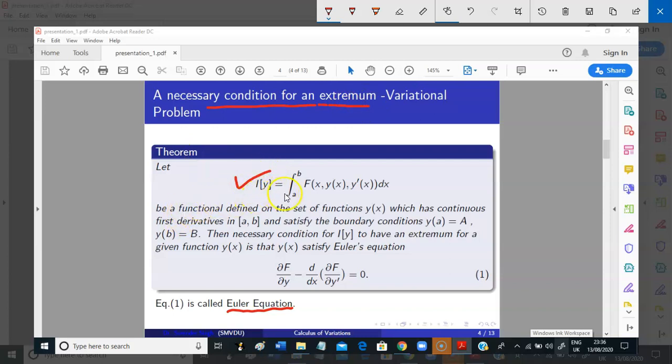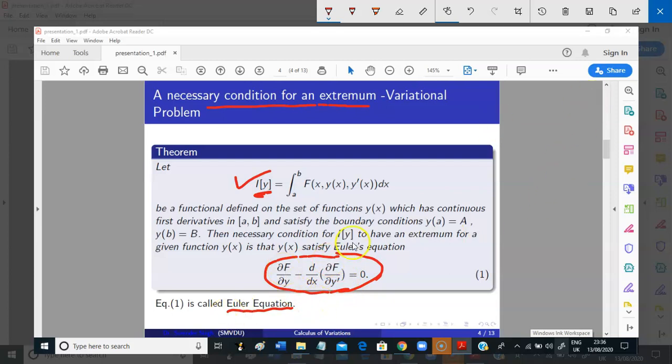Suppose this is a functional defined on a set of continuous functions y which has continuous first order derivatives in [a, b] and satisfying the boundary condition that the value of y at a is A and the value of y at b is capital B. Then the necessary condition for the existence of an extremum of this functional I[y] is that y must satisfy this equation, and this equation number 1 is called the Euler equation, and it has the main role in finding the extremum of a given functional.